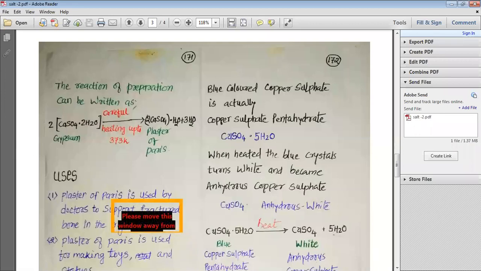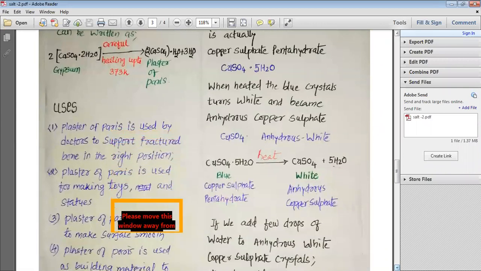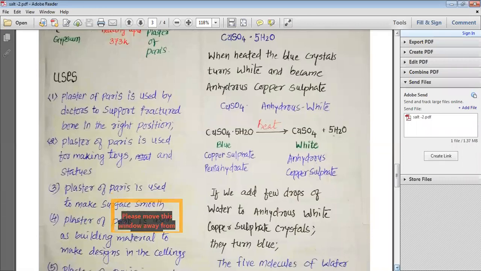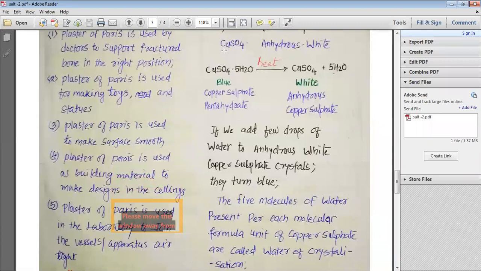So you can see that copper sulfate, which is blue in color, when heated, turns white and 5 molecules of water are removed, which can be seen on the mouth of the test tube where we heat the blue colored copper sulfate.